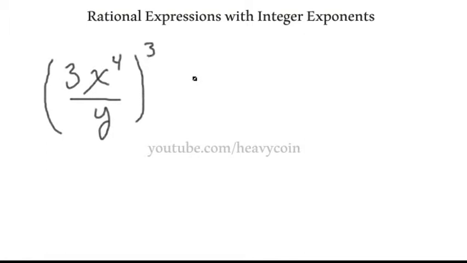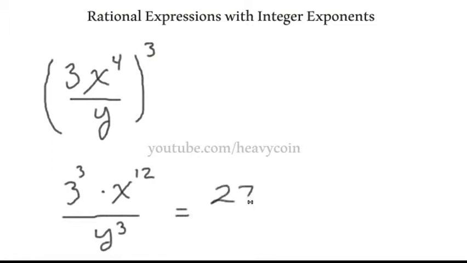So try pausing the video and seeing what you get as the final answer while I work this out. 3 to the 3rd times x to the 12th, that'd be 4 times 3 is 12, over y to the 3rd, and so this time we get 27 x to the 12th over y to the 3rd. So that will be your final answer.